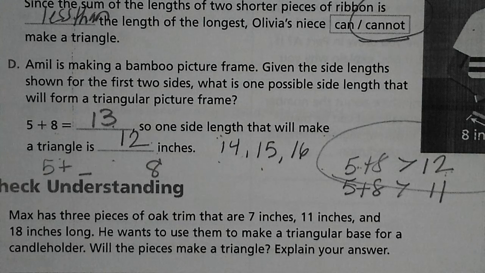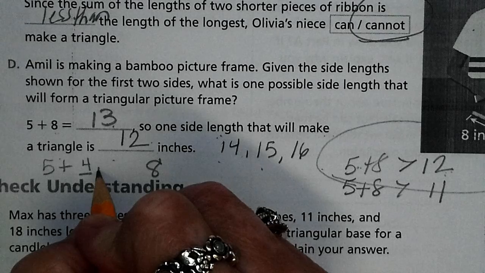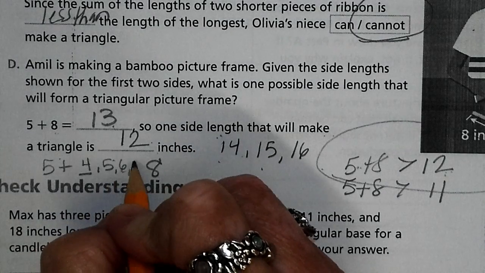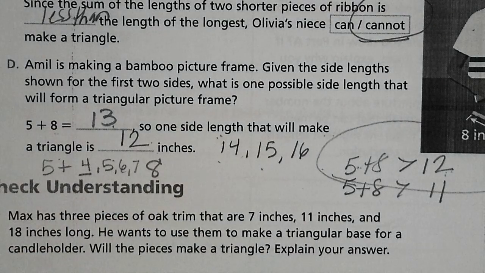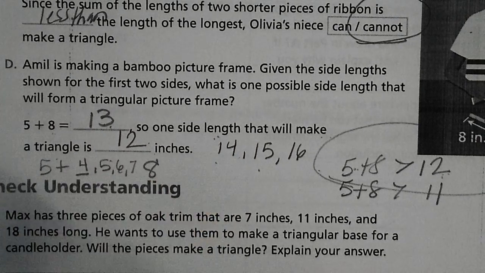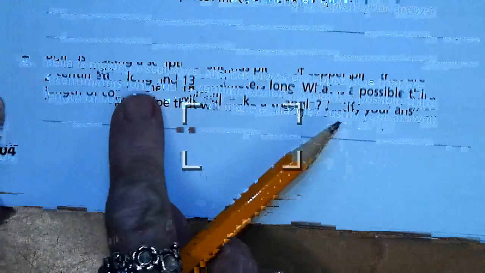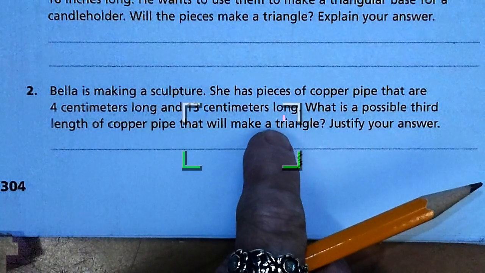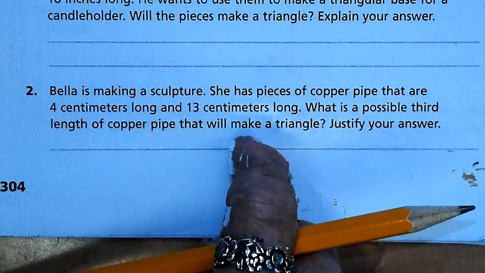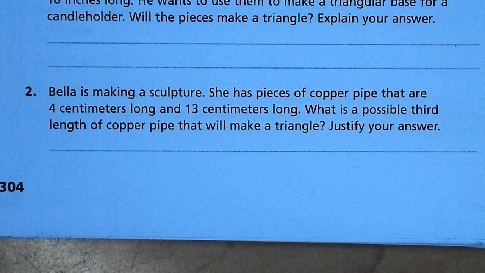It would have to be 4, 5, 6, 7, something in between those ranges, right? Does that make sense, everybody? Yes. That was so confusing at first. So that's what number 2 in the check understanding is asking you: what are those range of values?